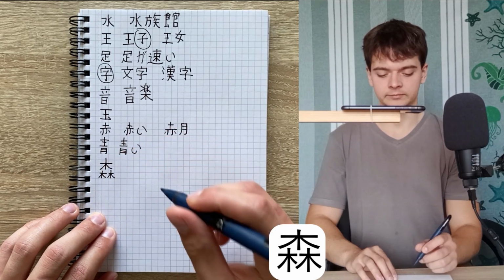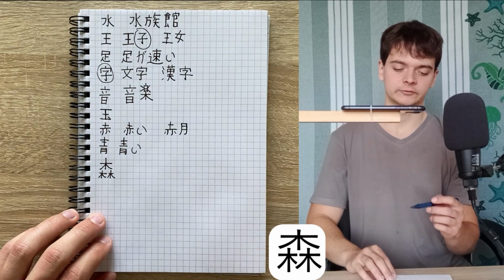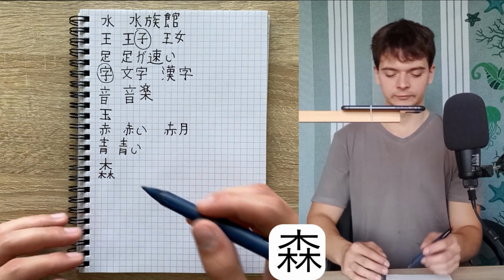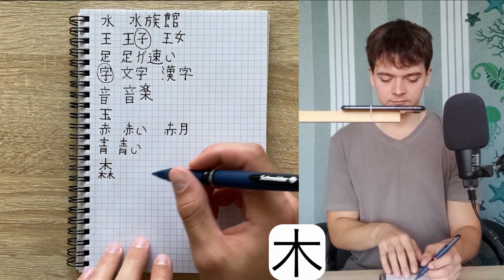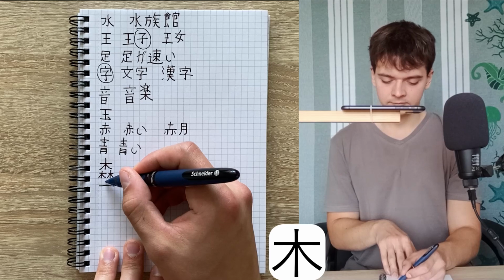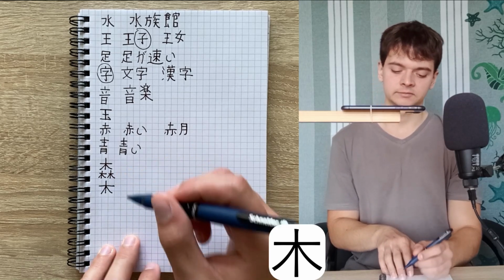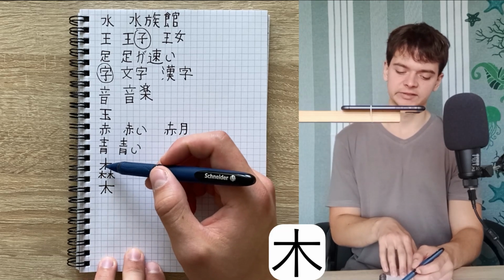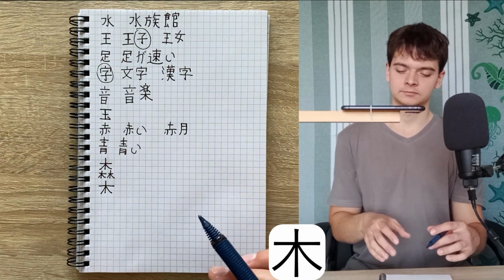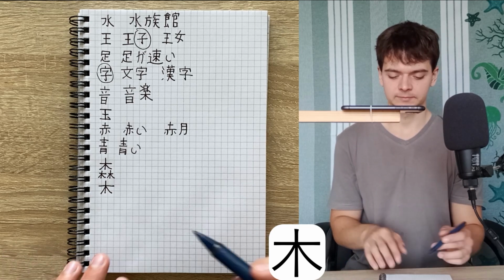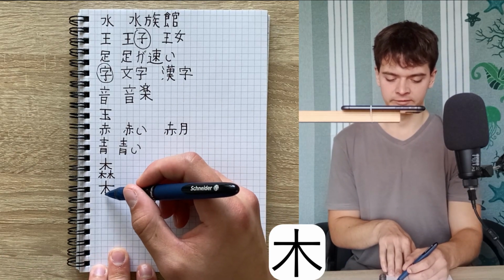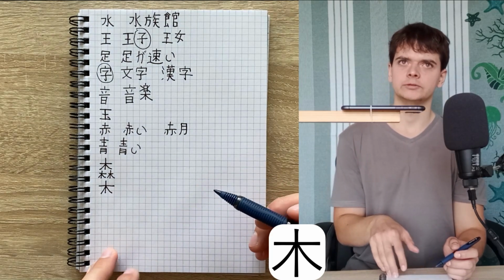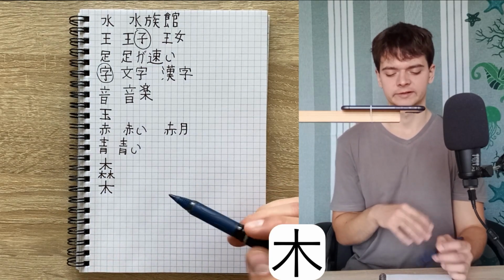This is Mori. Mori is forest. It's forest because there is this kanji, ki, that means tree, and it has many trees. So in the forest there are many trees. So back here, ki is tree, and it's used in the word for Thursday.